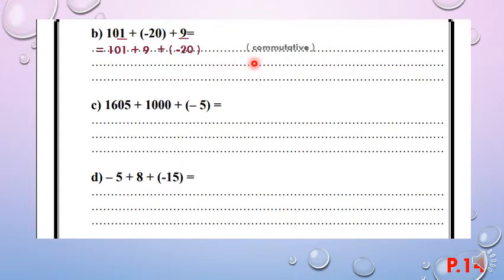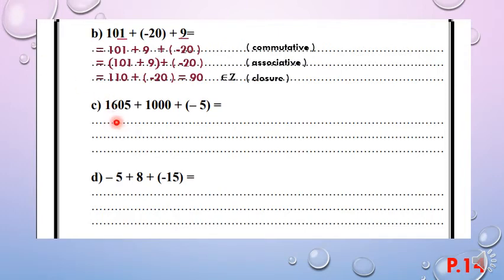It's called commutative. Now we need to put these two numbers together between brackets. Equals 101 plus 9 between brackets plus negative 20. It's called associative. Here we have the result of the brackets is 110 plus negative 20 equals 90. This 90 belongs to Z, that is closure.